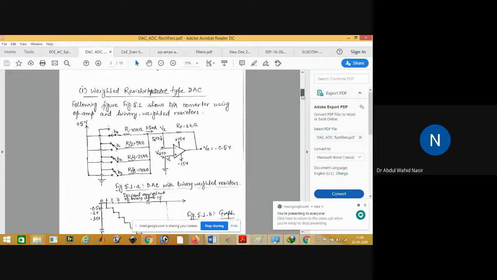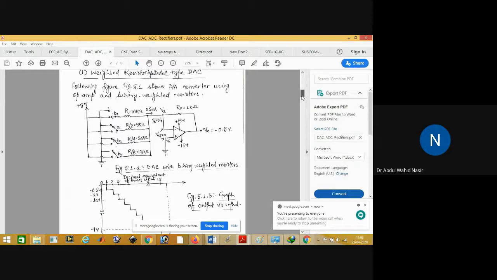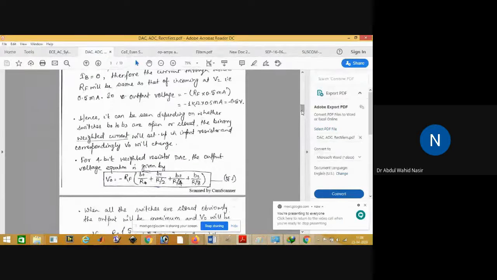Now, if this is the case, then how can we calculate the V0? We can calculate the V0 using this equation 5.1. That is V0 equals minus RF into B0 by R plus B1 by R by 2 plus B2 by R by 4 plus B3 by R by 8.